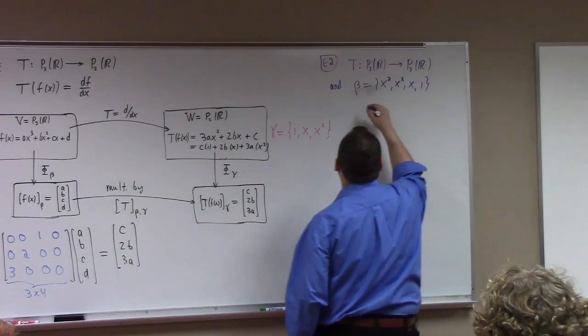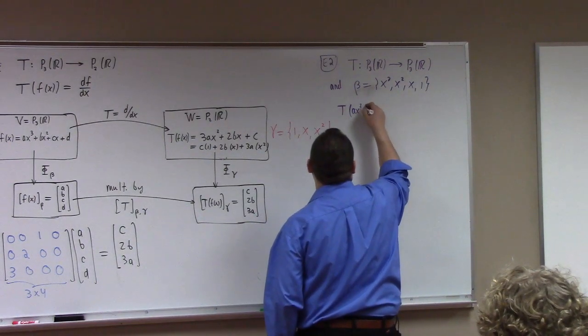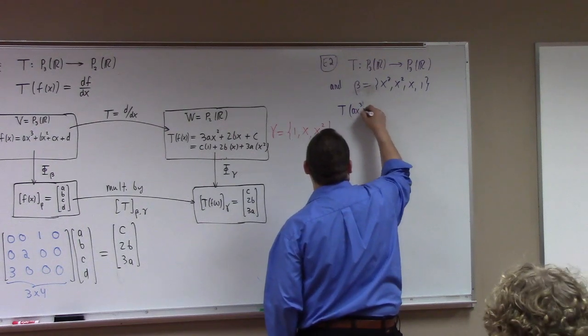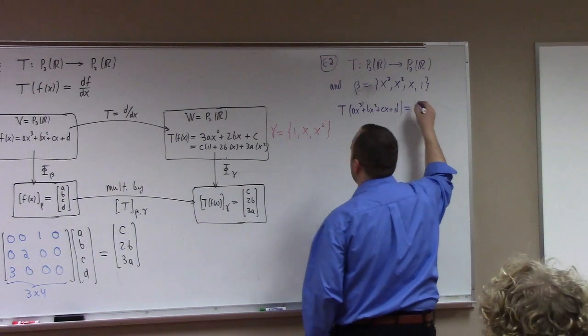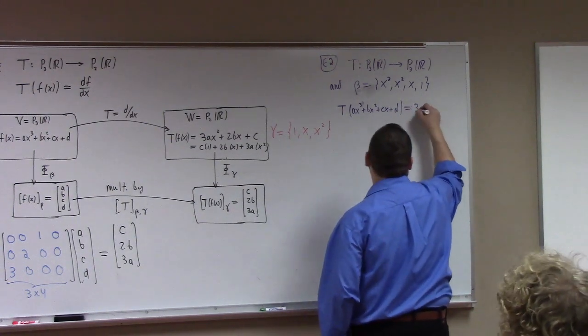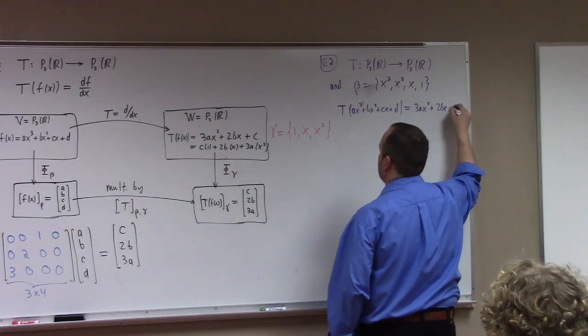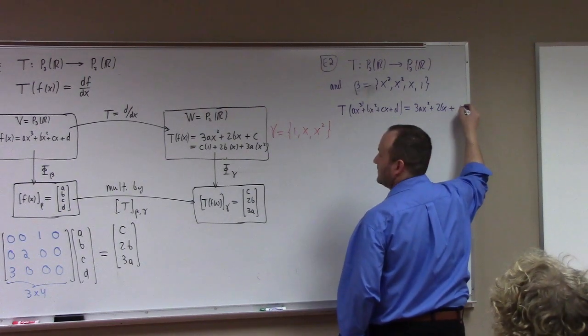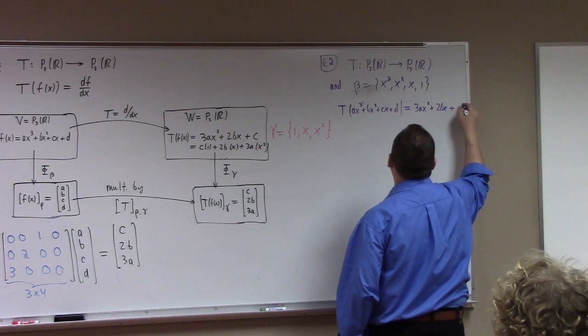Then T of ax cubed plus bx squared plus cx plus d is equal to 3ax squared plus 2bx plus c.